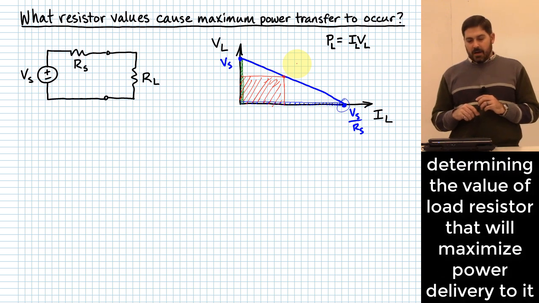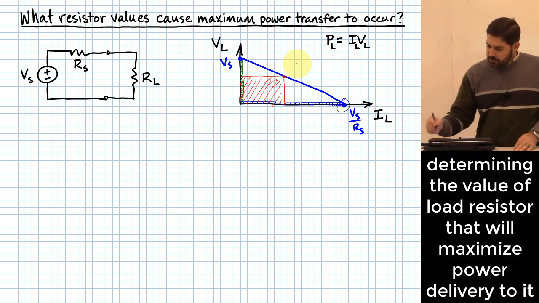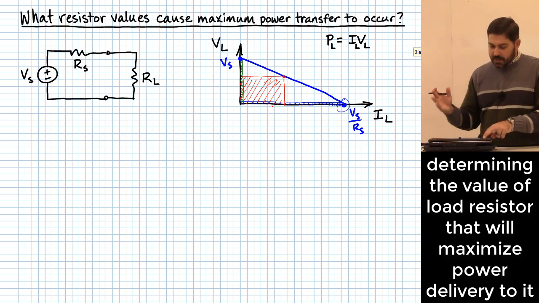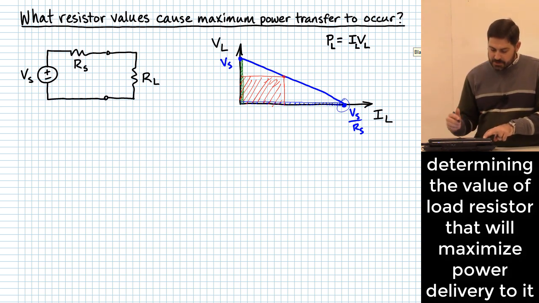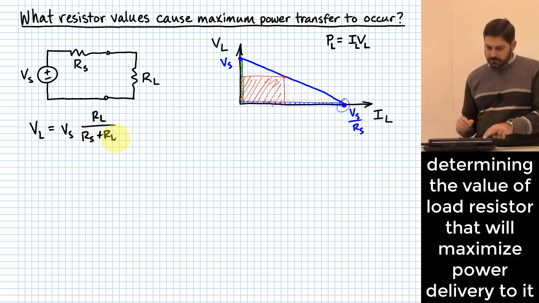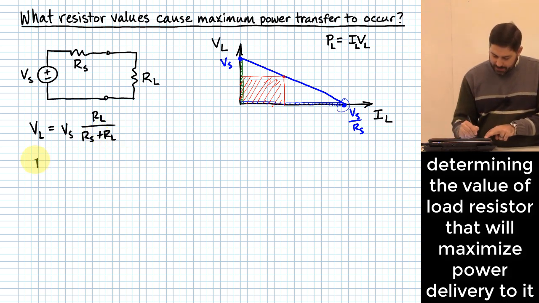Let's do it with a similar start to what we did when we first looked at how we could transform between practical current sources. Let's come up with values for VL and IL. So VL, we said earlier, was VS times RL over RS plus RL. And what was IL?